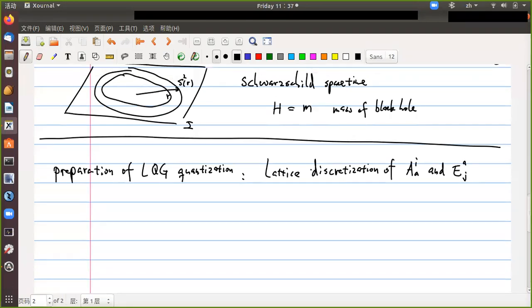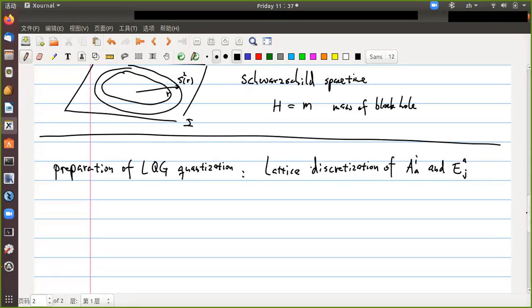The canonical variables in Ashtekar's formulation are the Ashtekar connection, a one-form, and the densitized flux. And this lattice discretization is the analog of lattice gauge theory.